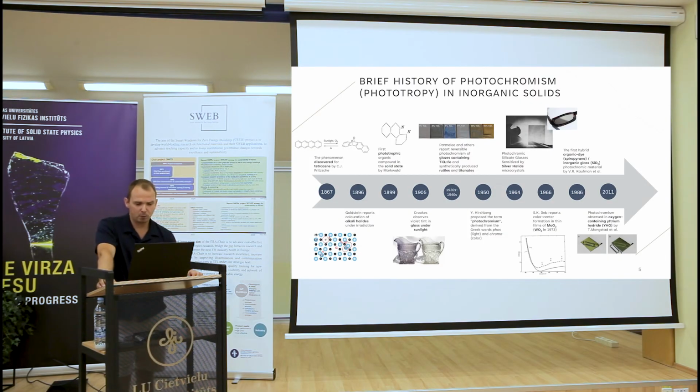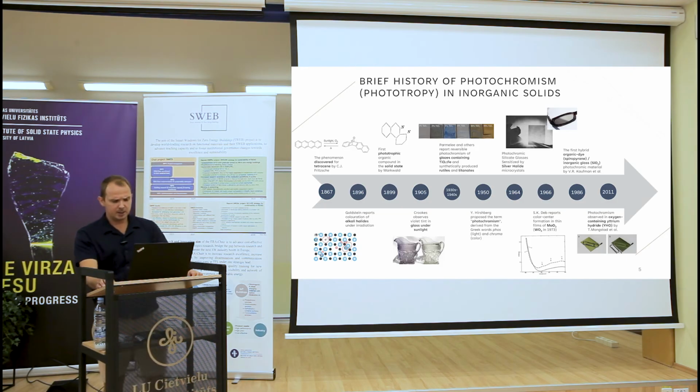And up to 1950, this phenomenon was called phototropy, which isn't that suitable a term because it's more related to biological processes. So in 1950, the term photochromism was proposed, which is more suitable, from the Greek words phos, light, and chroma, color.